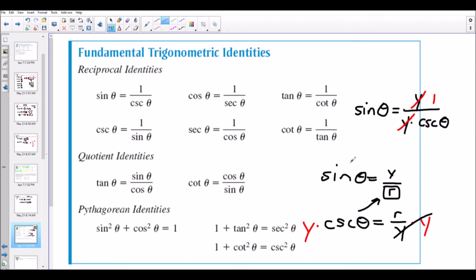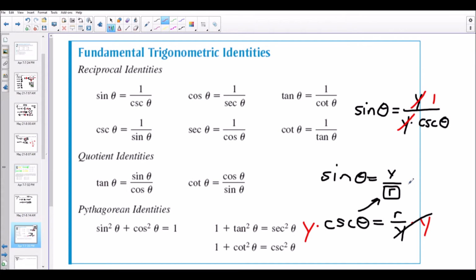Same thing for cosecant and sine over here. Cosecant equals 1 over the sine. If I had instead solved this equation for y and multiplied by r on both sides, I could substitute r times the sine of theta in here, and, no, actually, now that I'm thinking about it, I couldn't do that. My apologies.